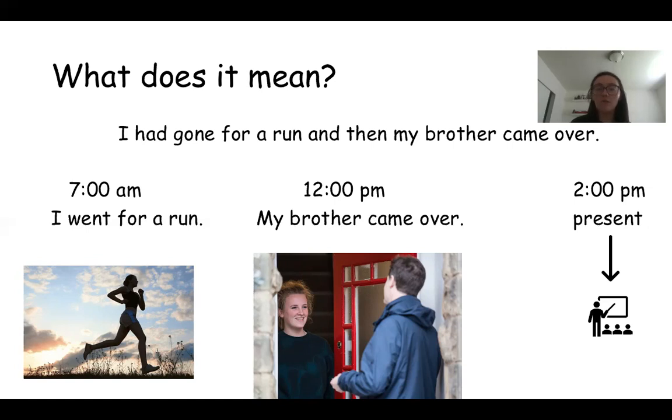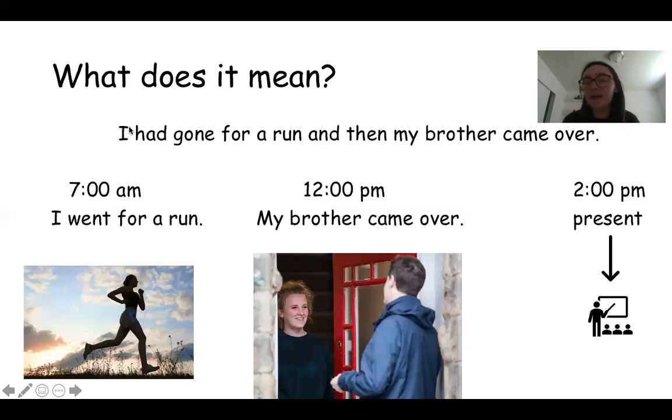So when we say that I had gone for a run, then my brother came over, it's making sure that what I'm saying is both of these things happened in the past, but we need to make sure that we let people know which one came before the other one. Did I go for a run first and then my brother came over, or did my brother come over and then I went for a run? So that's why we use I had gone.